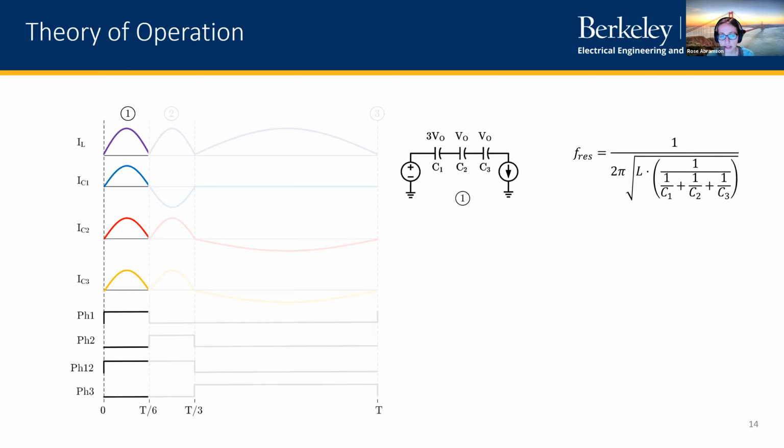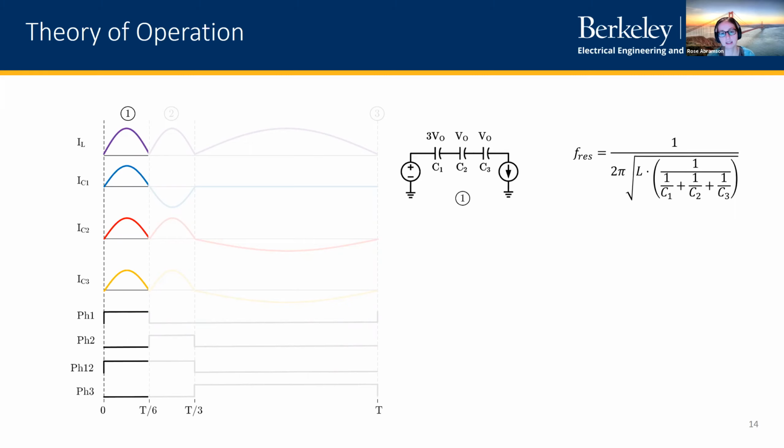And so if you look at this converter switching state, if we wanted to talk about the resonant frequency of this converter, it would be simply based on the total effective capacitance and the inductance L. Because our 3 capacitors are connected in series, our total effective capacitance is just the reciprocal sum of C1, C2, and C3.